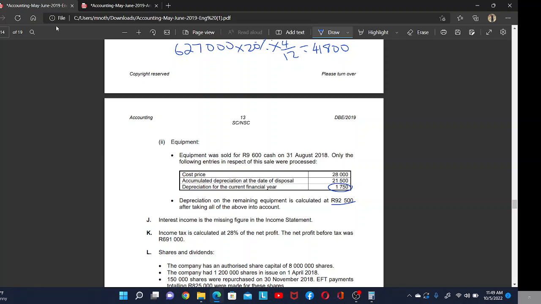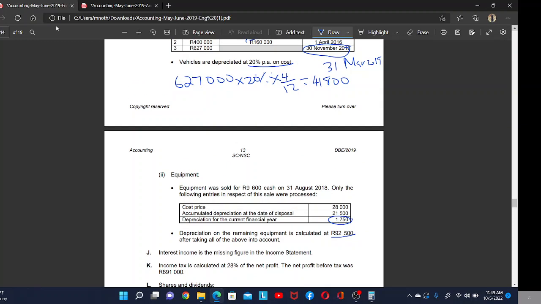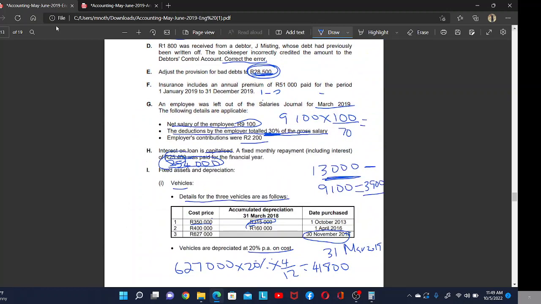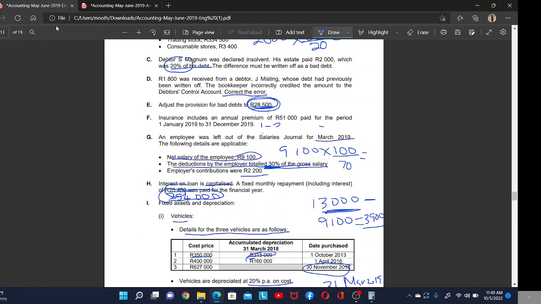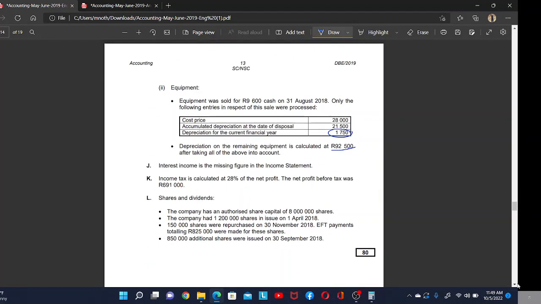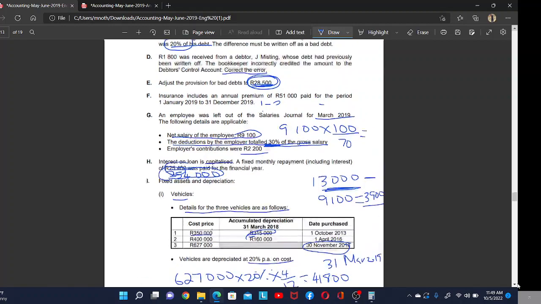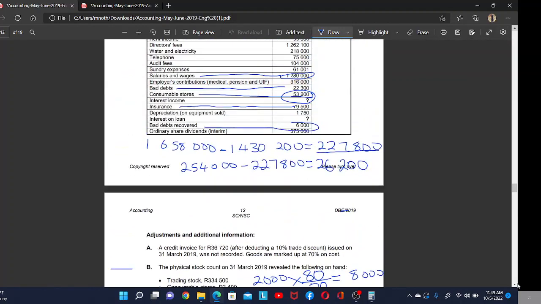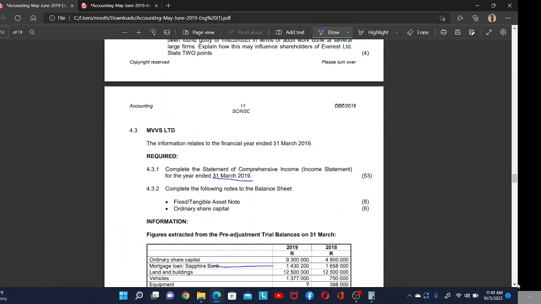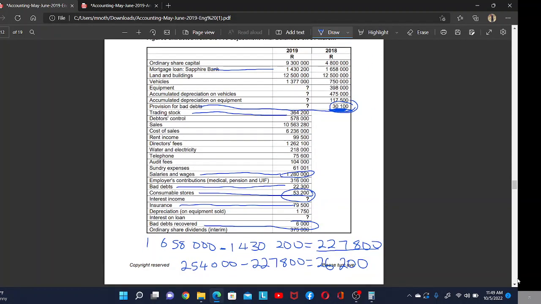Interest income is a missing figure in the income statement, meaning that it is going to be a balancing figure. I think we have written all the expenses here.